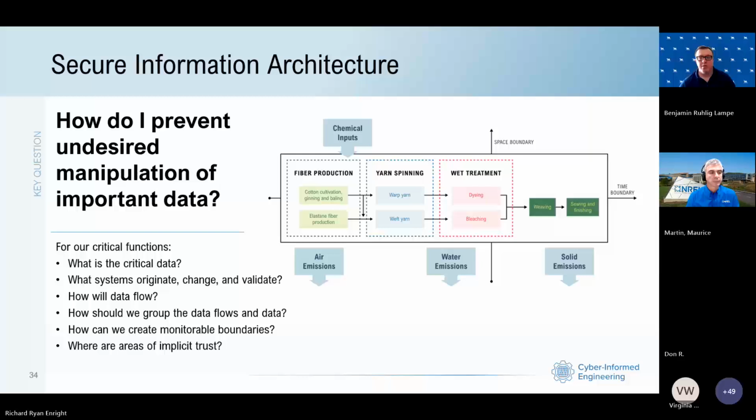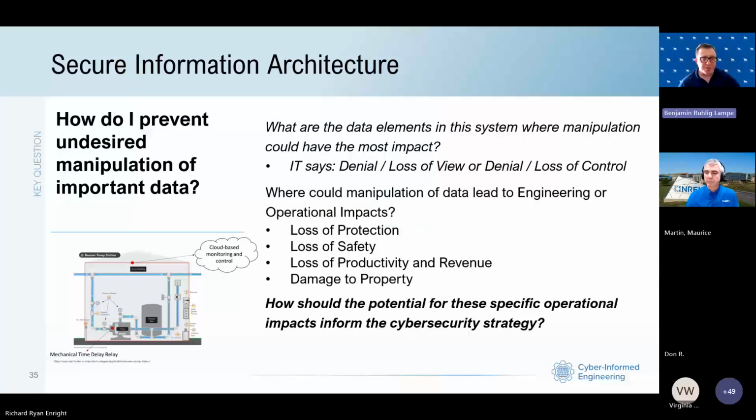Ben? Yeah, and when I think about this principle, this is one of the good principles that help us connect the two groups, the two units in an organization, the cyber staff and the engineering staff, because it's really the engineer that has that understanding of what data is involved in the system, right? There may be thousands of data points that are being controlled or managed or processed within a control system, and a cyber staff may not have that understanding about the characteristics, the plant dynamics.